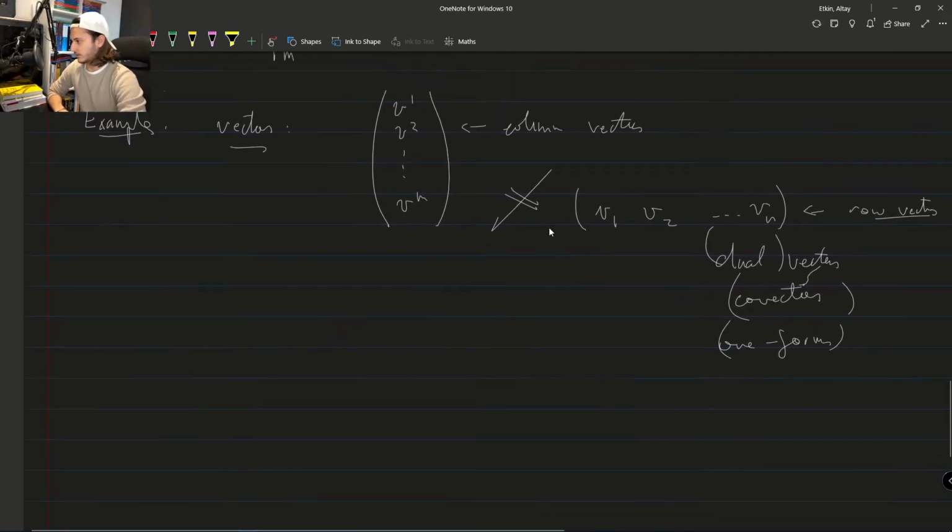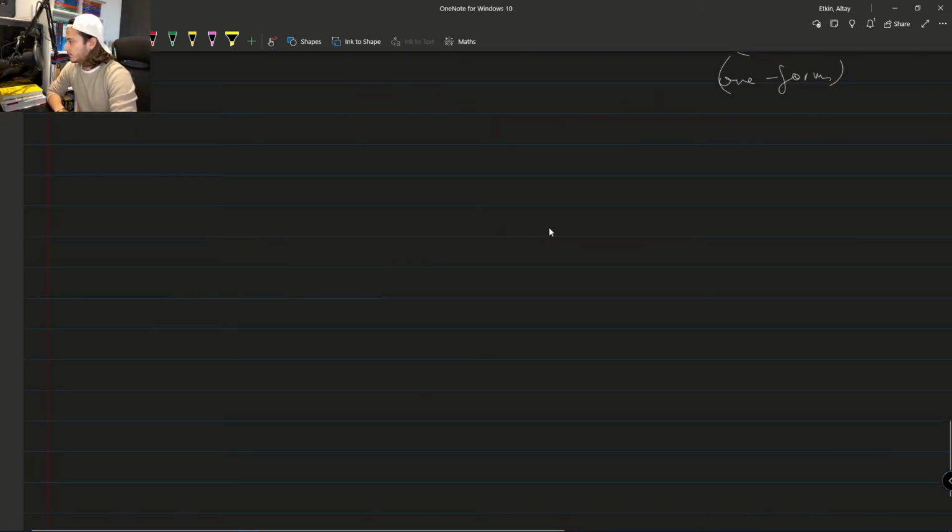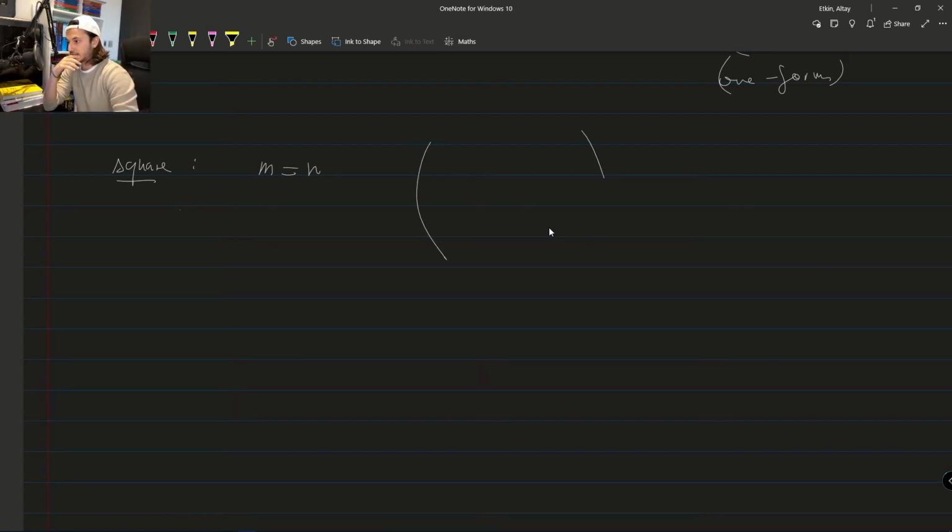So another nice example is the square matrix. That means that m equals n. The number of rows and the number of columns are the same. So you would basically get a matrix with, let's say, m equals 3.